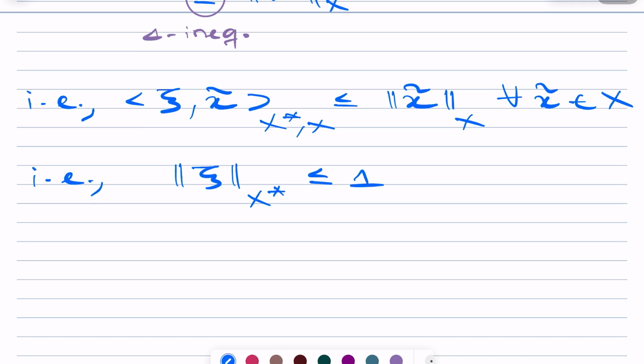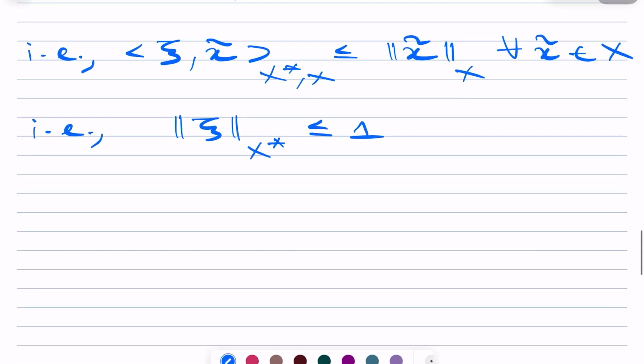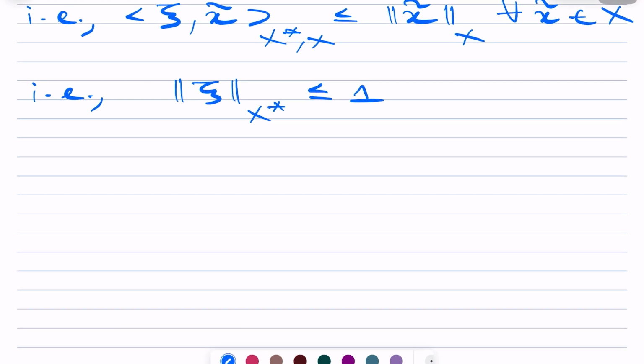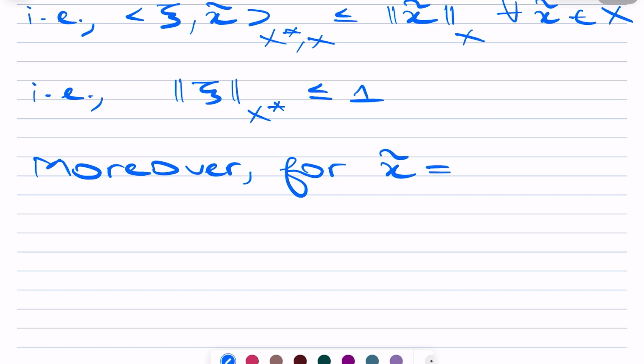Because, as I said already, the operator norm is actually the smallest constant for which this inequality holds. Okay, so we have that this is less or equal than 1, but we want it to be equal to 1. So we are not yet done. So moreover, for x tilde equal to x over the norm of x in x. Remember, x is different from 0, so this is well defined.